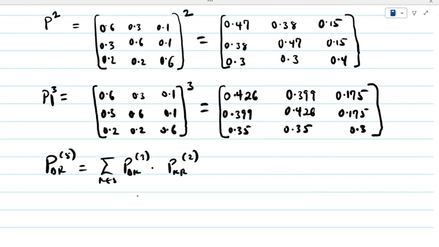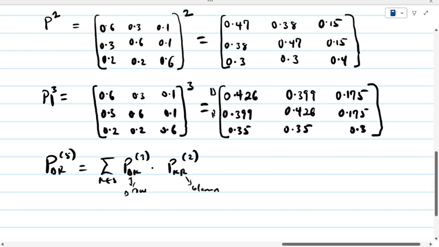So for the probability of moving from D to K, the D notation is for your row and this R is your column. So we need the row of D in P raised to power 3. Don't forget we have D, R, I. So the row of D in P raised to power 3, that is all we need.